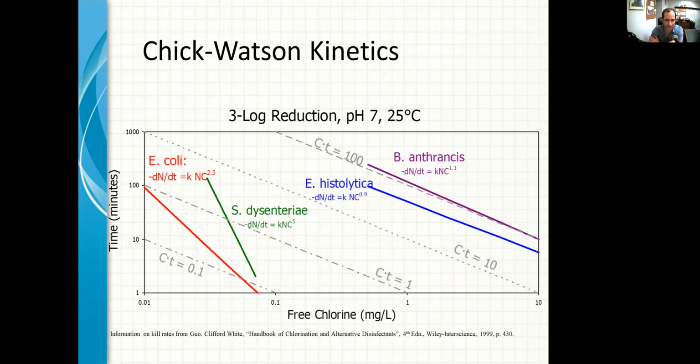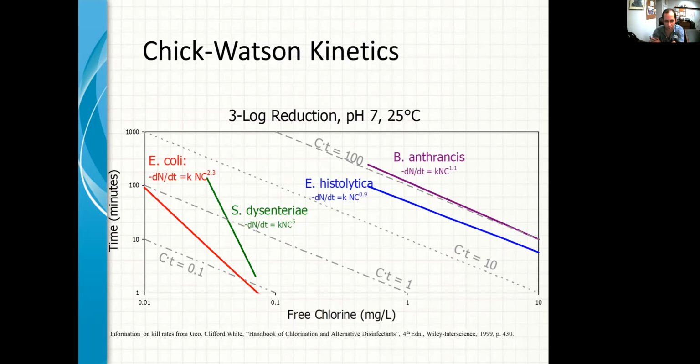Okay, so this slide I've shown before. You've probably seen it if you watch my other PowerPoints, but I just like how it shows how effective chlorine is. Even at 0.1 milligram per liter, which is the same as 0.1 ppm. Remember, pools should be at least 1 ppm free chlorine.